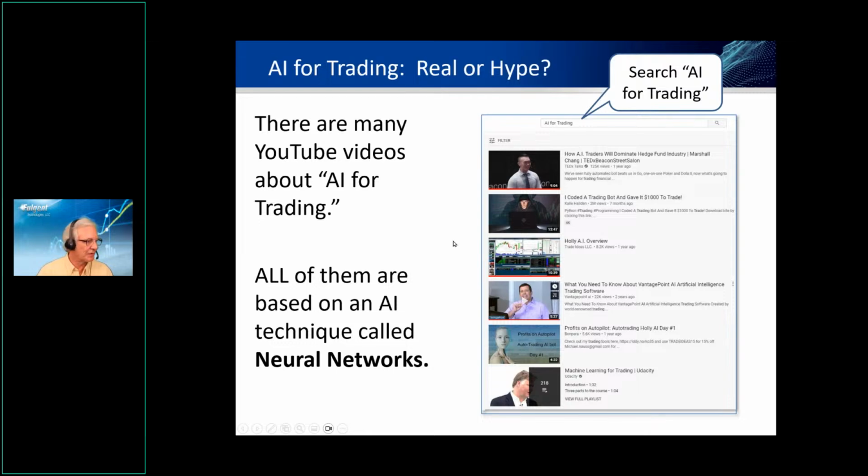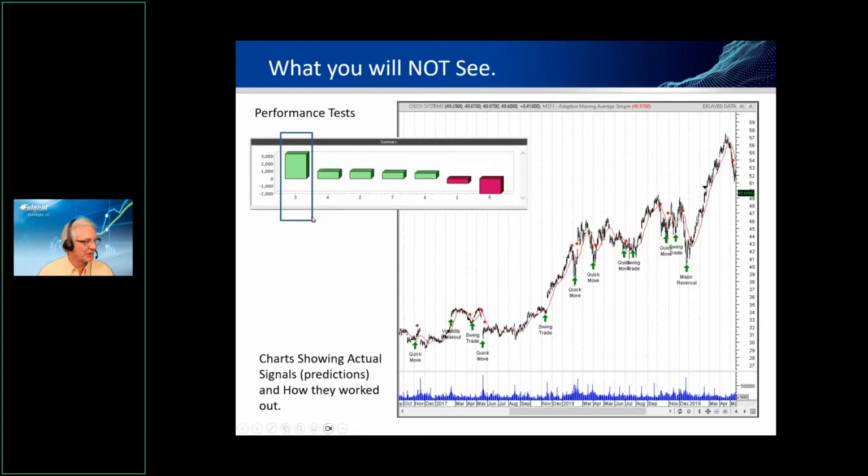So one of the things that you'll have trouble seeing if you look out there is people will talk about their AI and they'll say, this is great stuff. You'll see these claims. What you'll never see is this. I've never seen it. Like, here's a Metastock performance test, or any platform, it could be any other platform that does system testing, to say, is this really mechanically profitable?